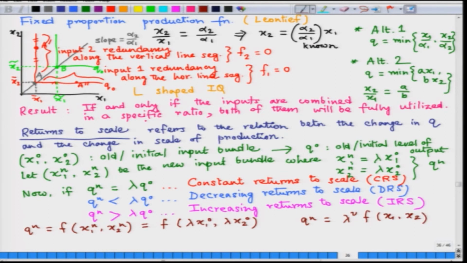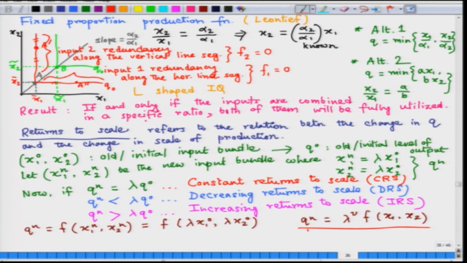And if we can write in this manner, then we say that the production function is homogeneous of degree v. So, this is a very important result that we are going to use again and again in this course.